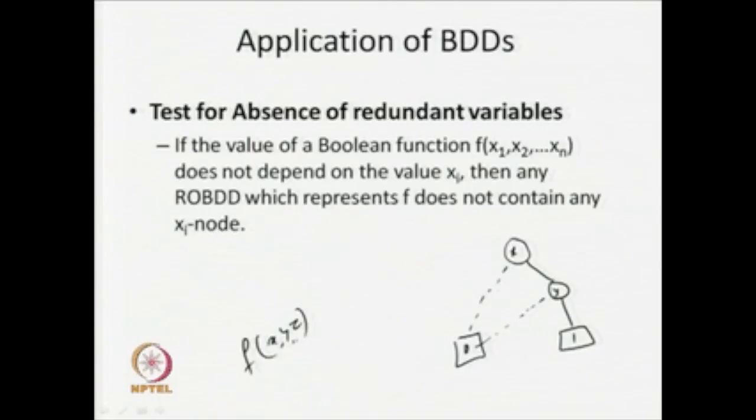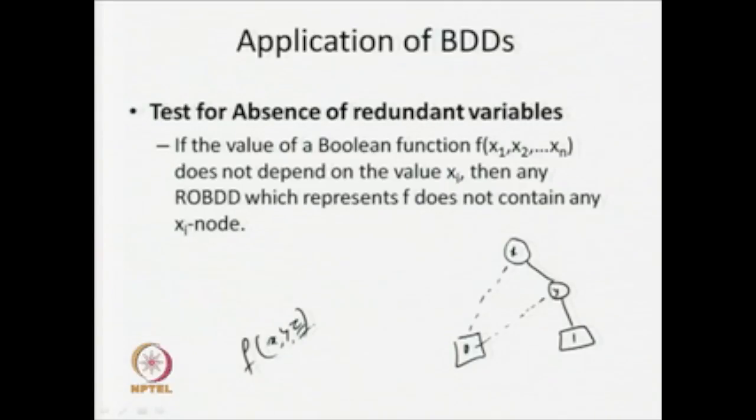If I look at this BDD, we find that it does not have the variable z. So, we can very well say that this function is independent of the variable z. So, the test for absence of redundant variables is easily checked by looking at the structure of the ROBDD, because the ROBDD gives us a unique representation with respect to a particular variable ordering. So, we are not going to get any other representation for that particular variable ordering.